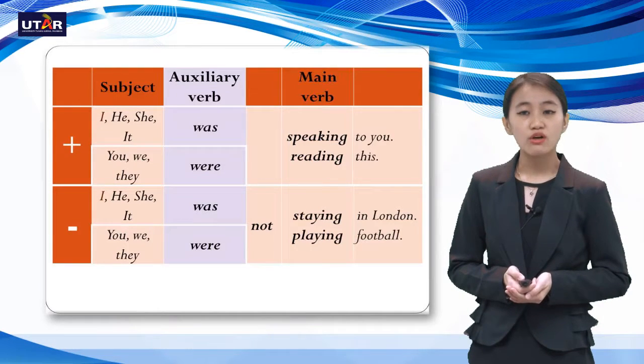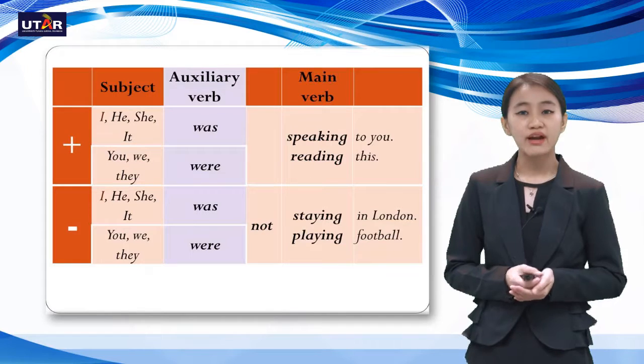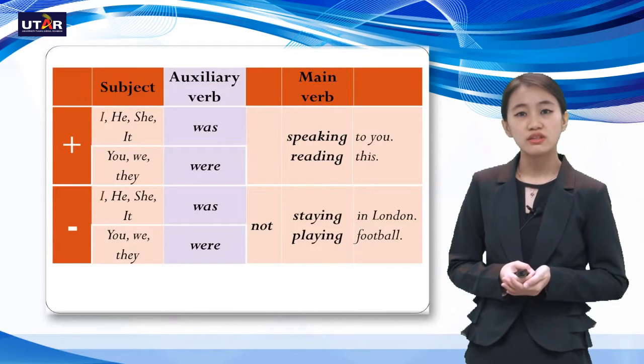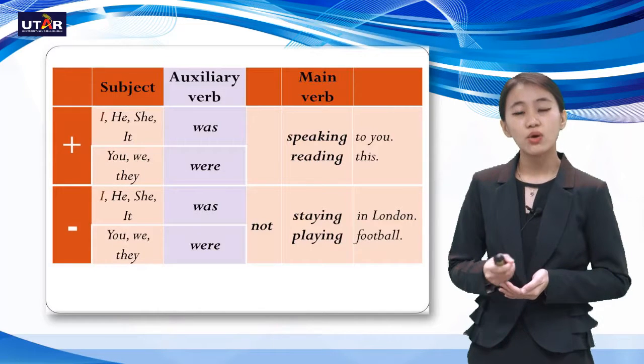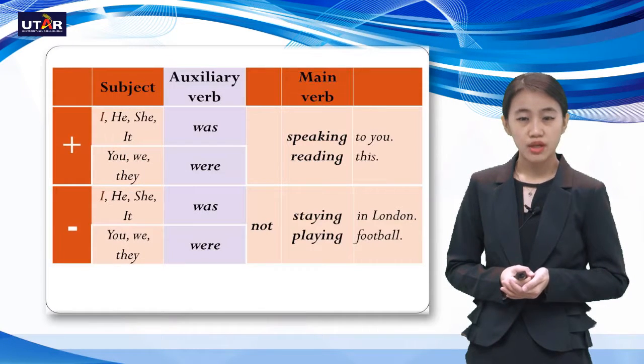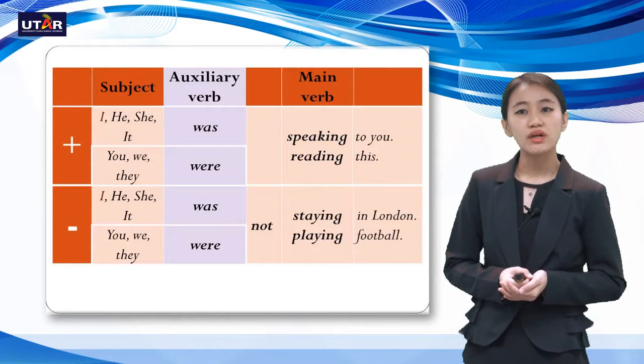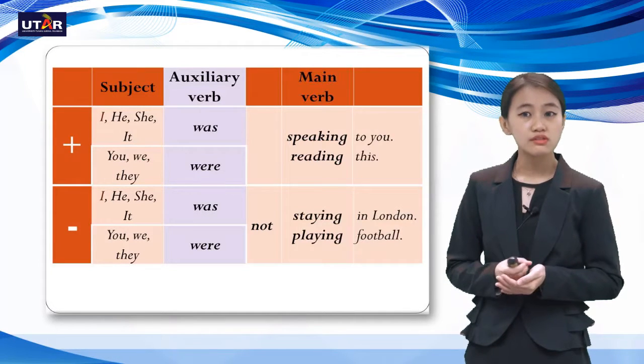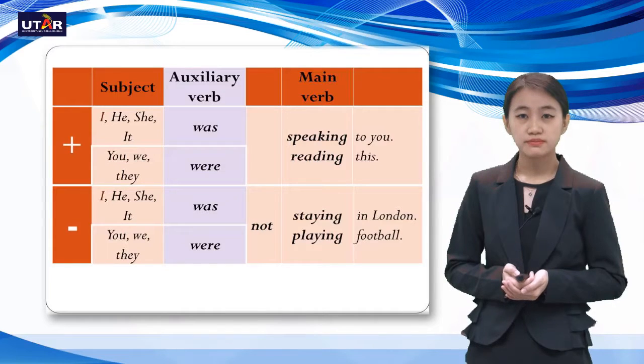So in terms of construction, you still have subject, auxiliary verb, but you have the additional not, then only followed by the main verb. So if I were to give you an example of a sentence, he was not staying in London. And for plural, we were not playing football.